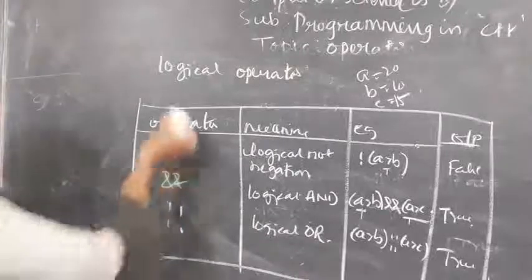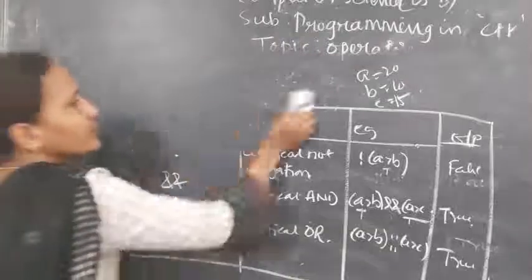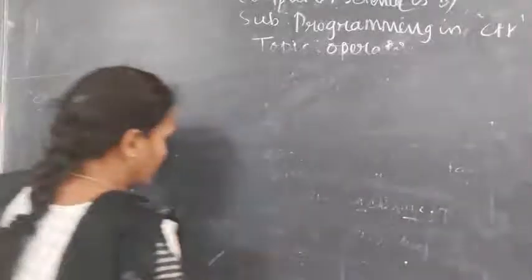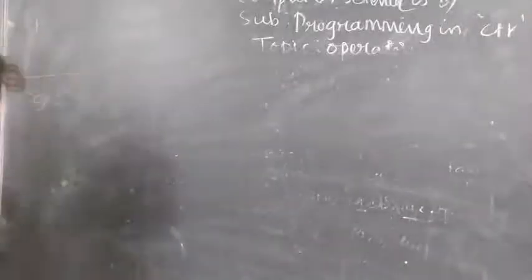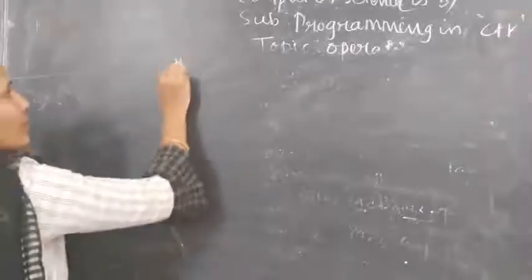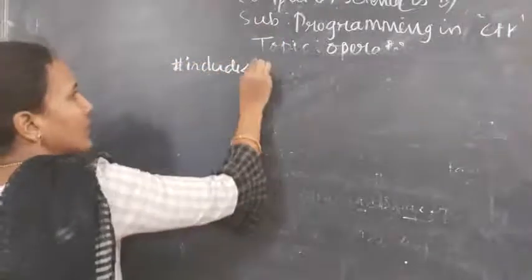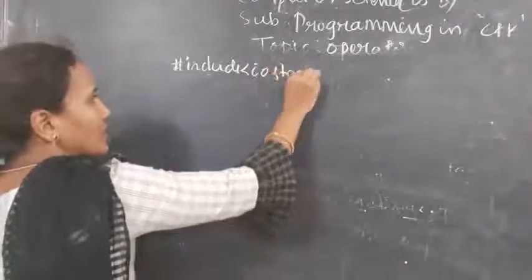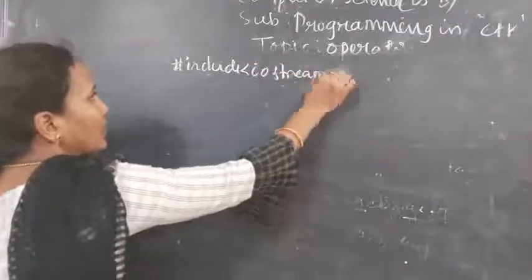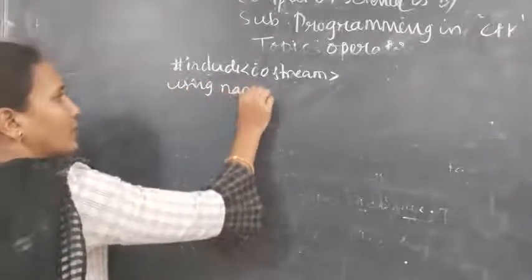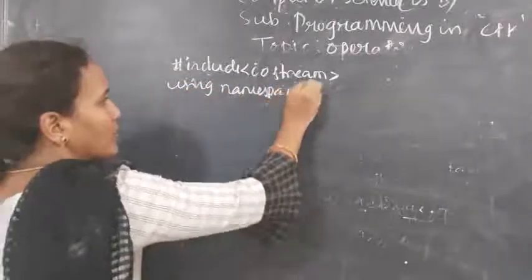Now, I will write the example program. Include iostream as usual. Next, using namespace std.